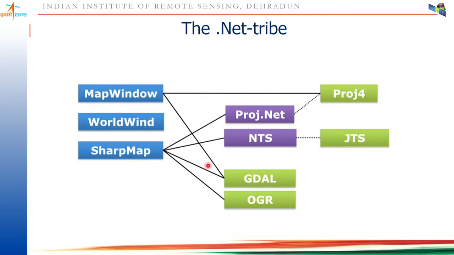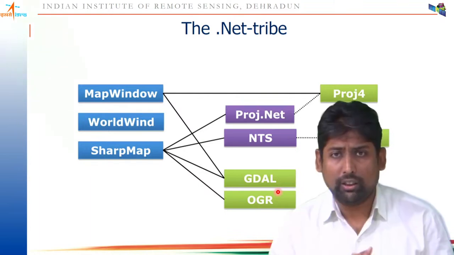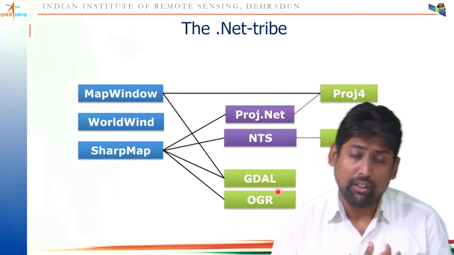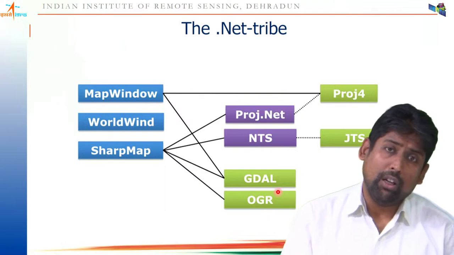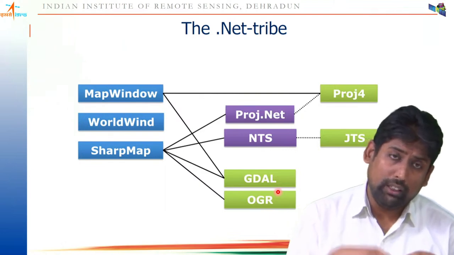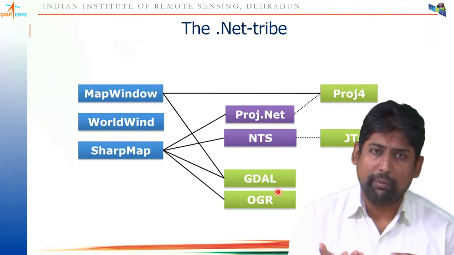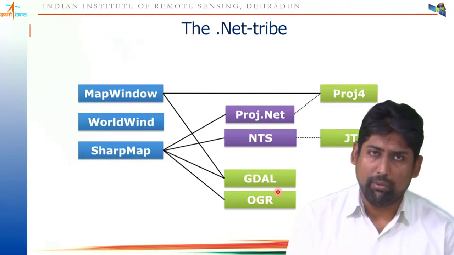In the .NET domain, Map Window is a very popular software. Whirlwind, Sharp Map, these are all .NET based softwares. There are wrappers available to the GDAL, OGR, and Proj 4 libraries, which helps users or developers in other programming languages also to use the same library.